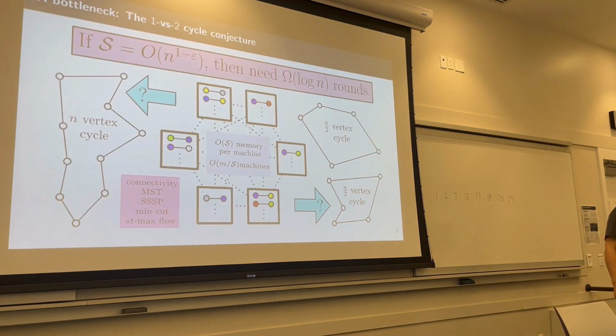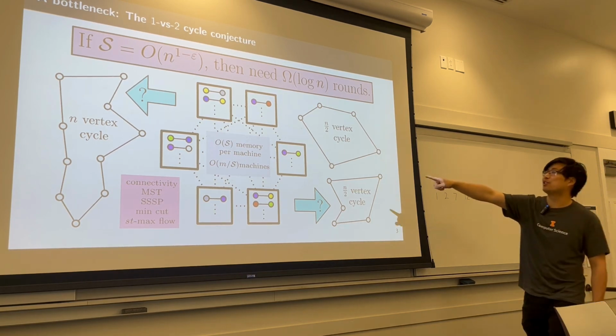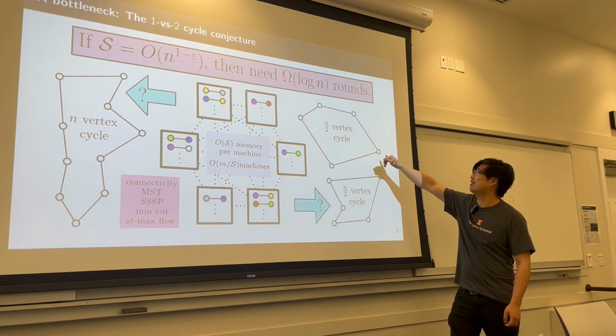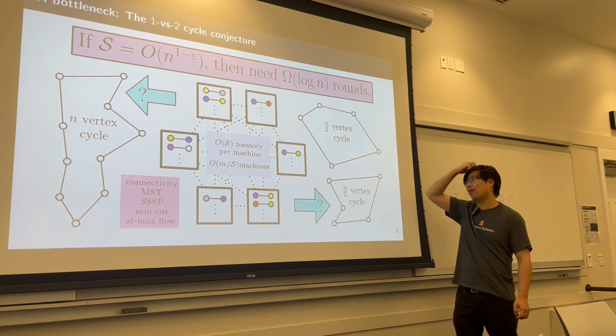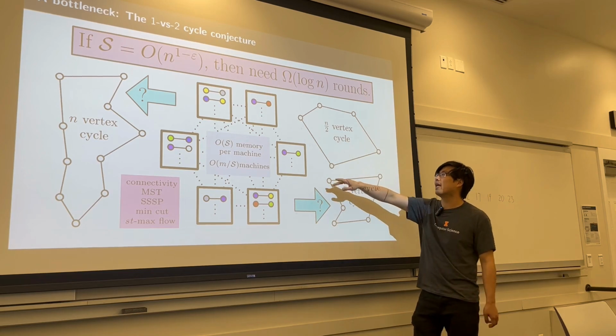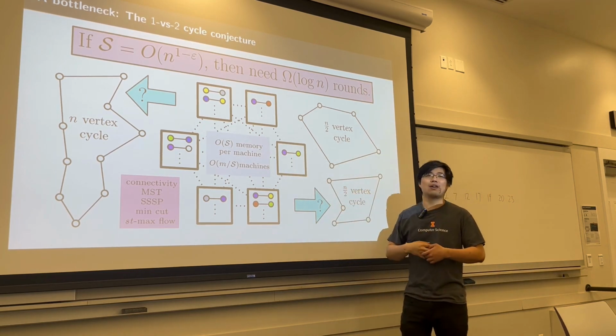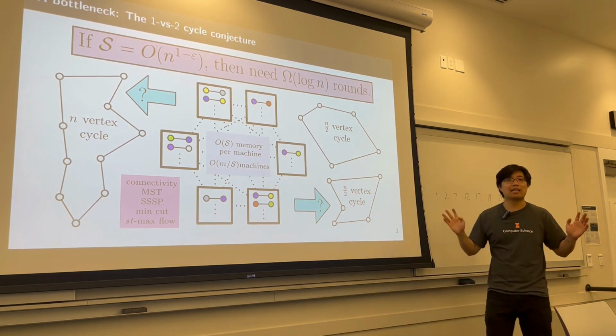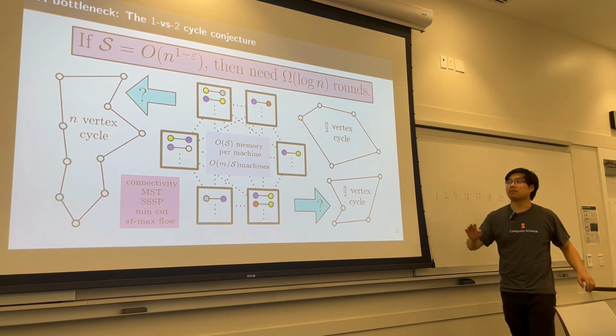What's wrong with counting the edges to distinguish in these 2 cases? Both graphs have the same number of edges, right? Yeah, so locally each machine will have some number of edges, but I forgot to mention this. You can assume that the edges are adversarially distributed or randomly distributed onto the machines.